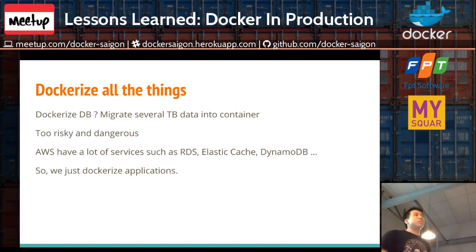But our service is running smoothly and stably when we try to apply Docker. If we want to Dockerize the DB, like migrating several terabytes of data into a container, it's very risky and dangerous, because our service is running stable.